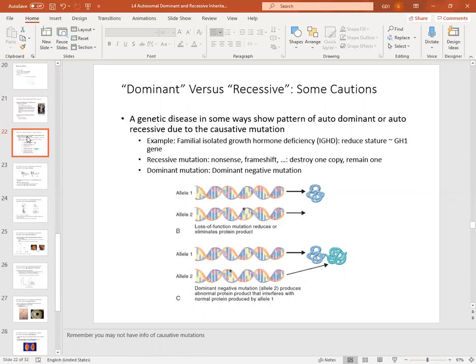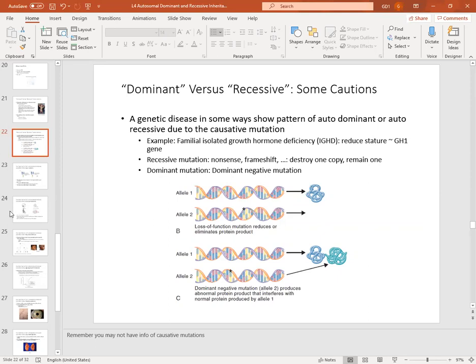That's because of the protein dose, right? Because of the protein dose, we had a mutation in the gene, and it affects the protein dose.